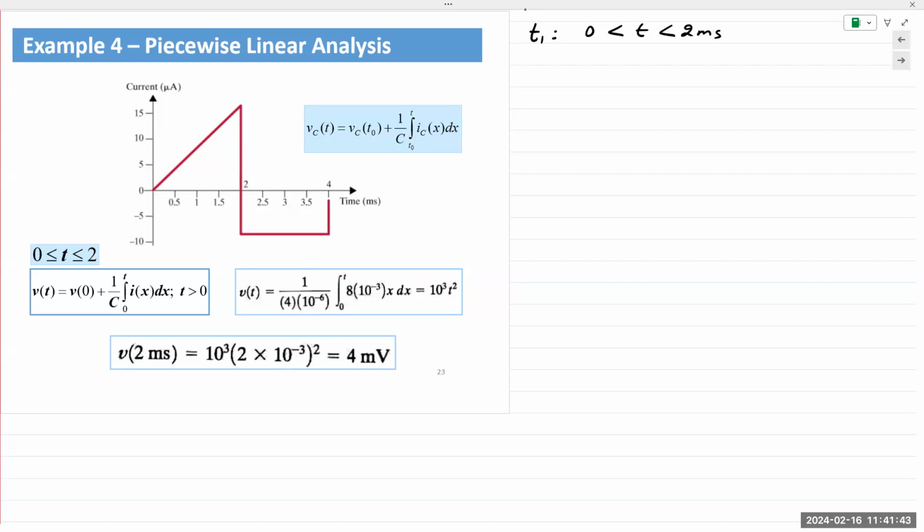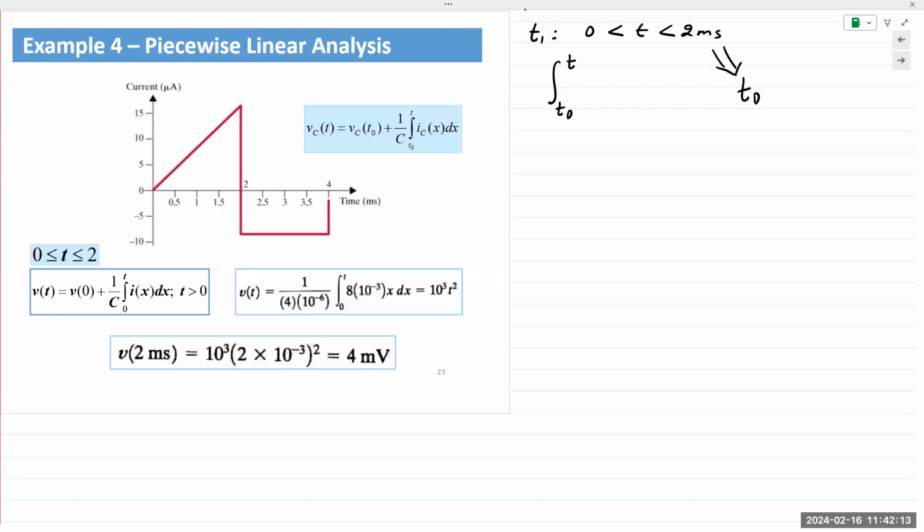So the equation that we obtain should be a function of time. When we perform our integration, we have limits. And limits will be the start point of our analysis, T0.